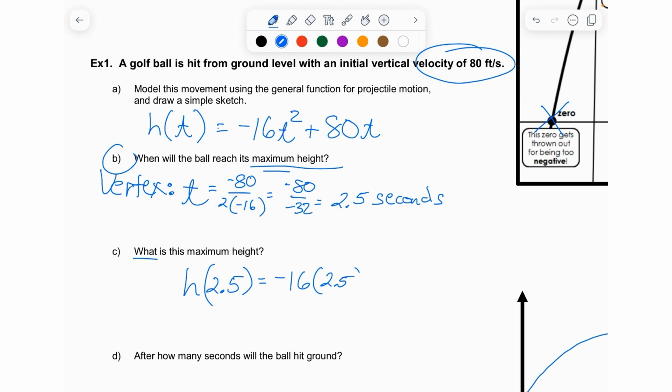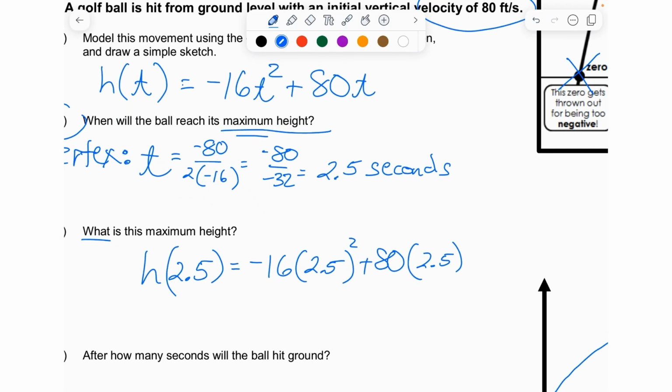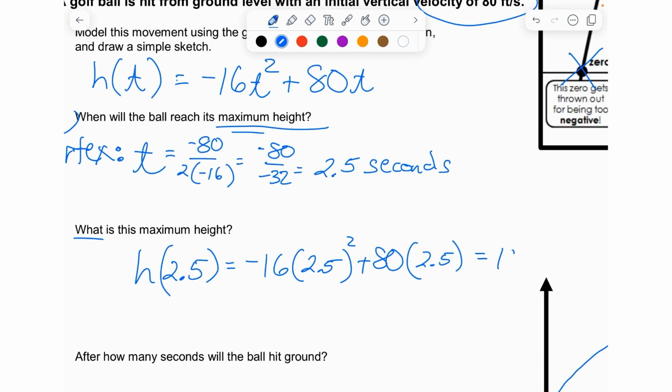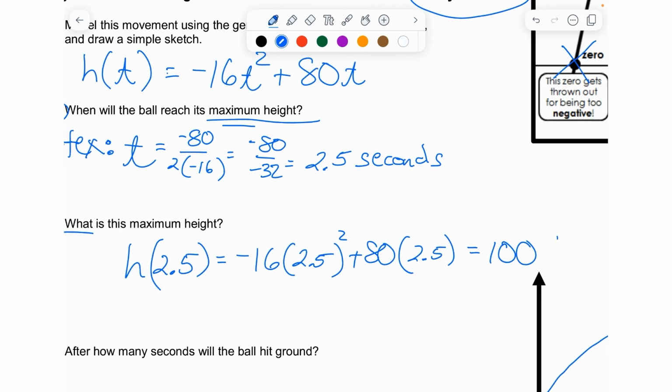So the height at 2.5 seconds, well, we got ourselves a little calculator problem. And you can pop this in your calculator and compute it real simply to be 100. Now what we just found is 100 feet.